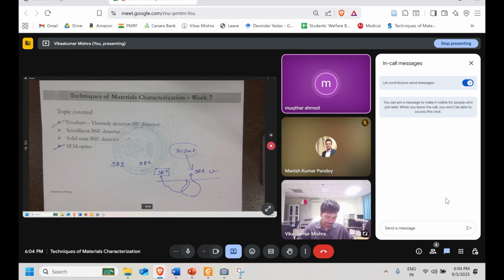So both DeepSeek and ChatGPT are confusing. Even Google chat is saying SE1 and SE2. And I'm listening to the video again and again. The lecturer also said a little SE2 will also contribute in the inline detector. That cannot be avoided. It will be there, but the majority, 90%, is SE1.